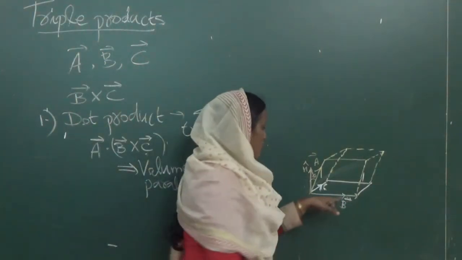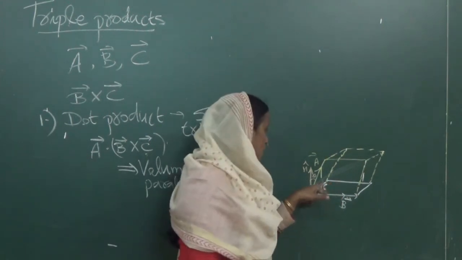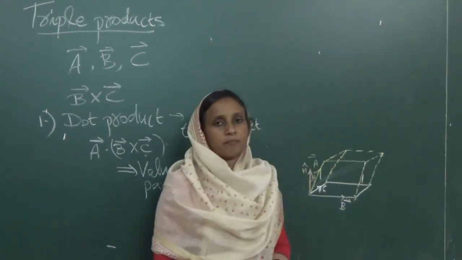Here vector B and vector C form a parallelogram.